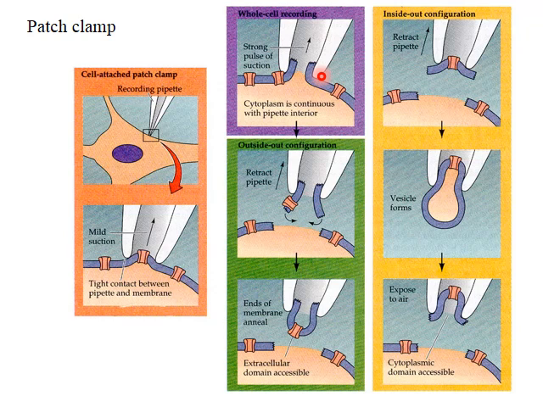Now if we first obtain a whole cell recording configuration and then pull the electrode back away from the neuron, this broken membrane patch will be pulled away as well, and then it will reseal, and we end up with an outside-out configuration of a membrane patch.